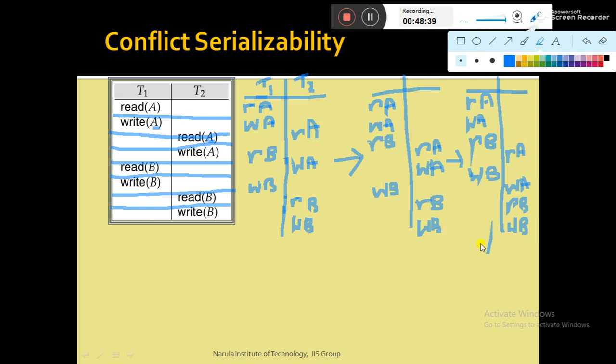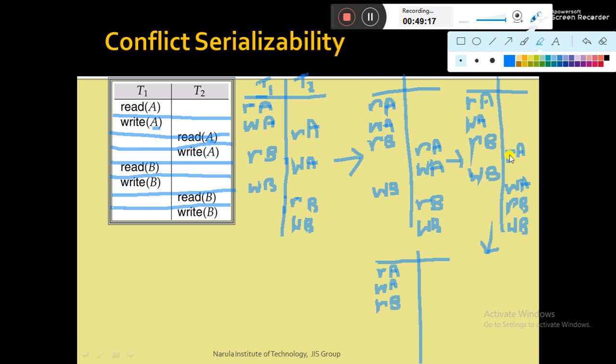Now from here on you have to convert it again. So read A, write A, read B, all will be written over here, because already they have swapped, no need to swap it again, you cannot swap it again. Now next all three will be in the same place.